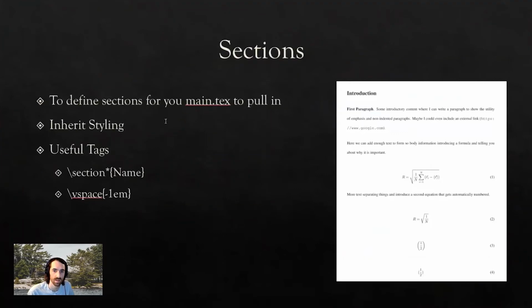So essentially, sections, as I mentioned before, are a way to pull in content into your main file. So you can split things out and really keep things organized. They also have a nice thing that they inherit styles from the class section.